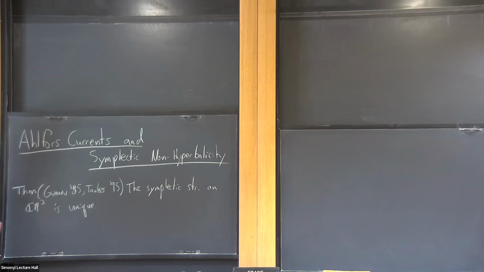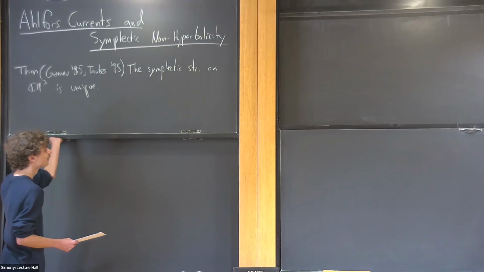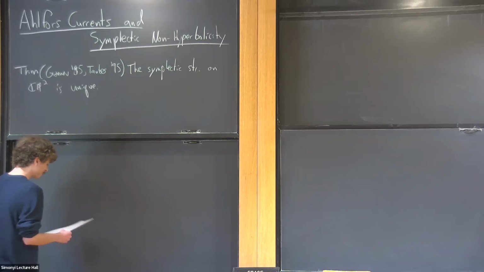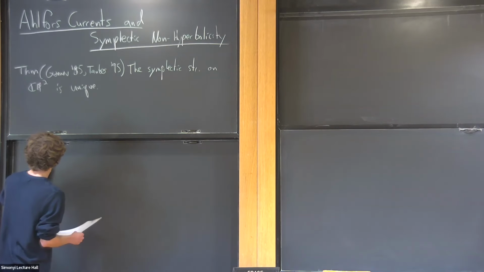And the simplest manifold for which it stops working is the 4 torus, which is somehow also like the simplest symplectic manifold. So we don't really know much about symplectic structures on the 4 torus. But we do have this theorem, which gives us hope, by Bangert in '98.